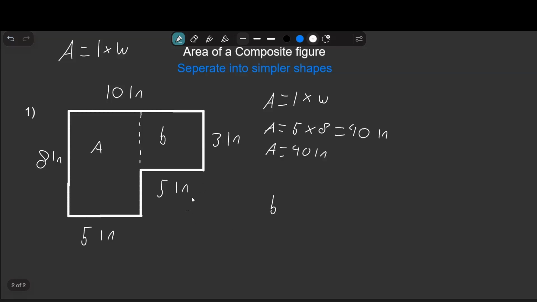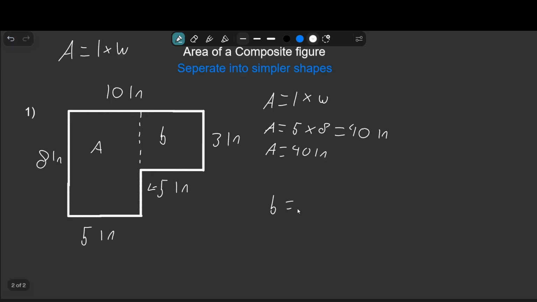Again, we don't know what this is, because this is for this side. But you can see, like this one, it is half of the full 10. So this line is also 5 inches.